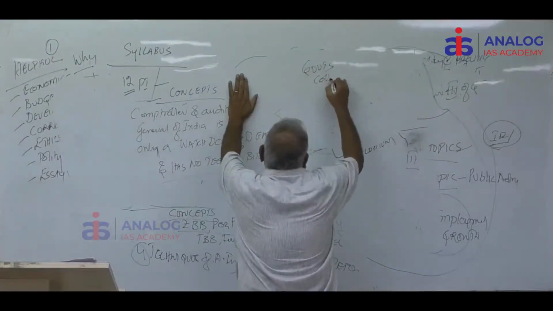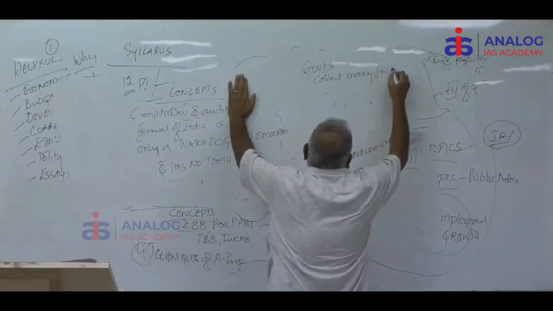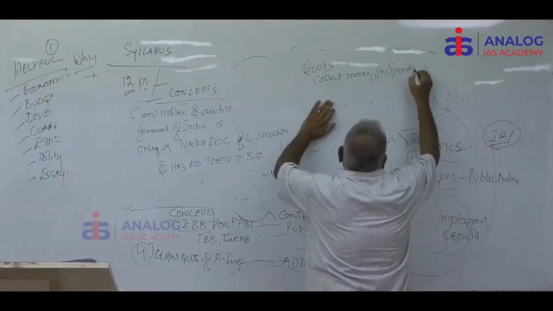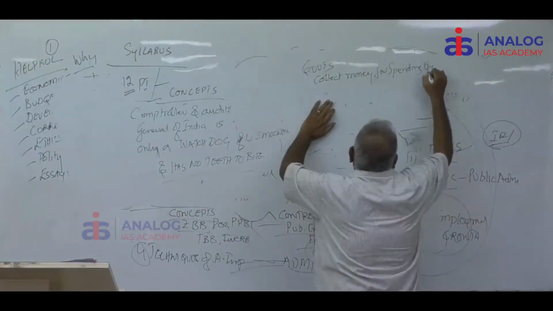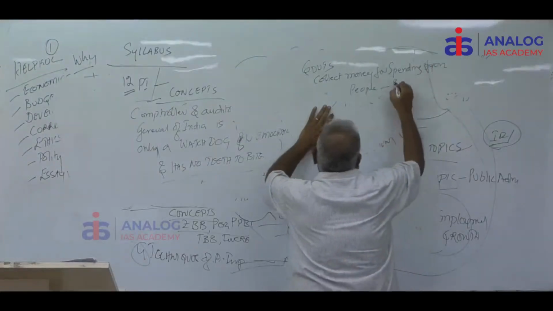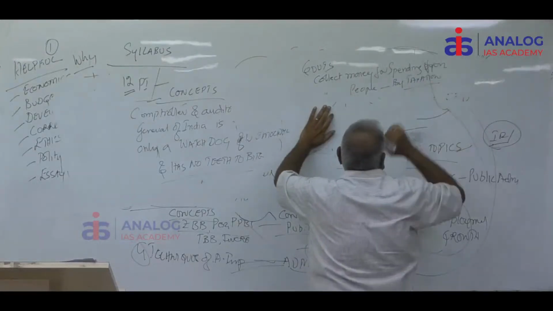And this money spent by the governments, two things, simple like this. Governments collect money for spending from people by taxation. That's first.